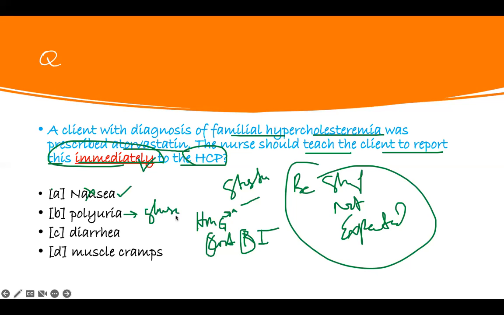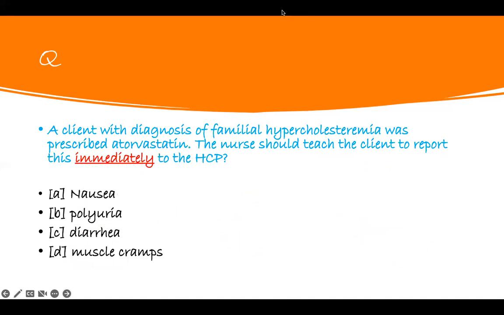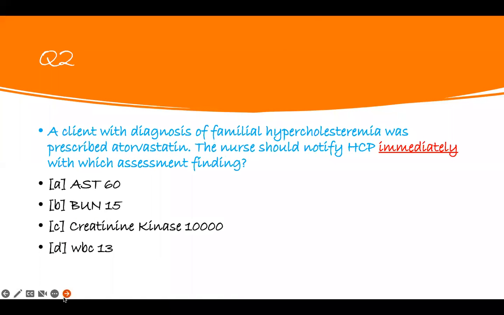So they have hyperglycemia, they pee a lot, like diabetics. So this is not a problem. Diarrhea, GI problem. This is not a problem. Muscle cramp, yes, my boy is in trouble. This is red. So we got to pick this one. Otherwise, he goes into rhabdo. So that's the way the question will look like.